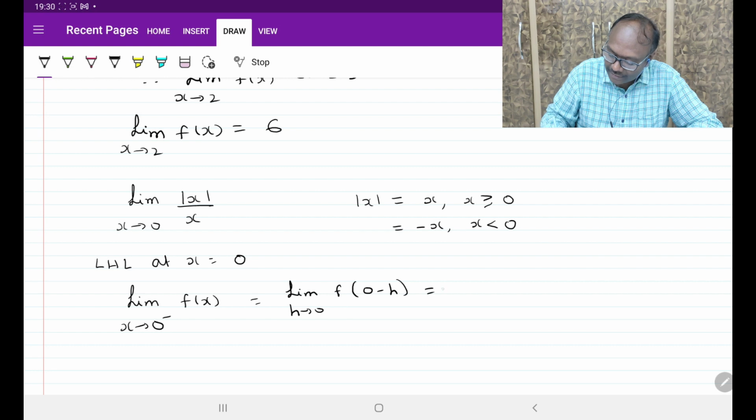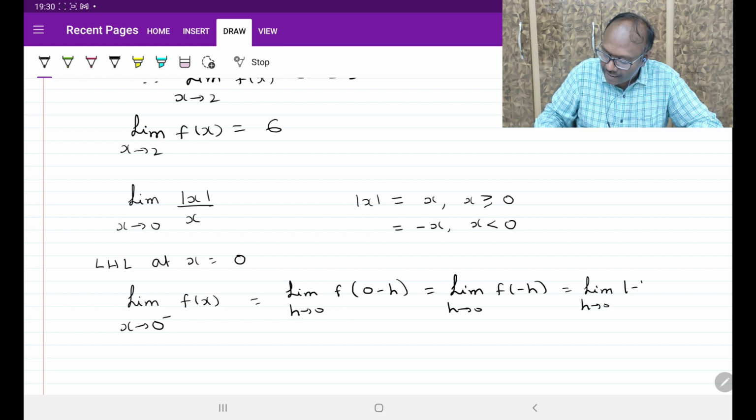So this is equal to limit h tends to 0 f of minus h. So we plug in minus h in the definition, and we get this as limit h tends to 0 modulus of minus h divided by minus h, which is equal to limit h tends to 0 modulus of minus h is h divided by minus h, which is equal to minus 1.